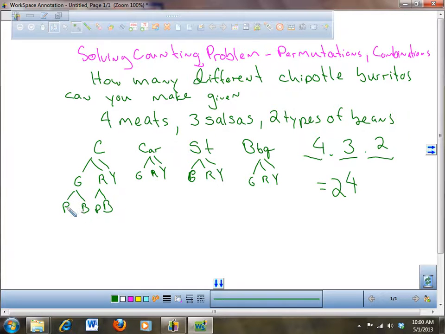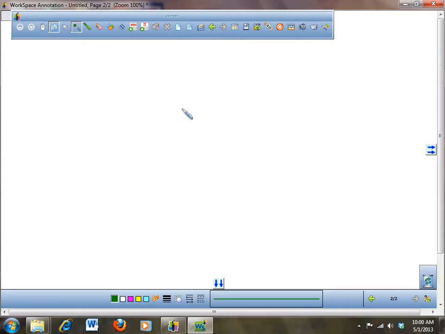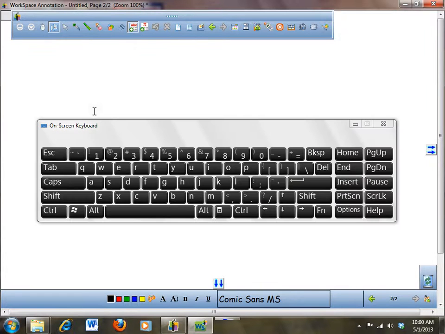So that's called the multiplication principle. Do you want me to write that on the board? I'm going to use my computer to write it because I can write better with my computer. Where's my keyboard? You see a keyboard somewhere? Oh yeah, that's it. Text. Look at that.